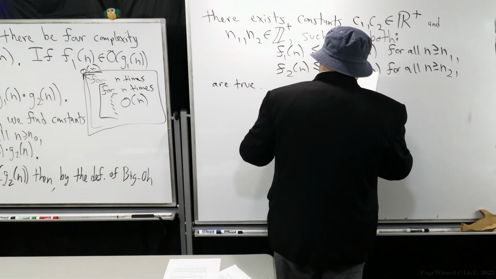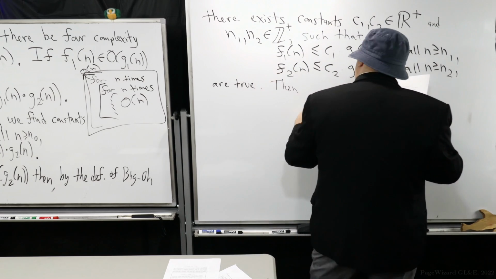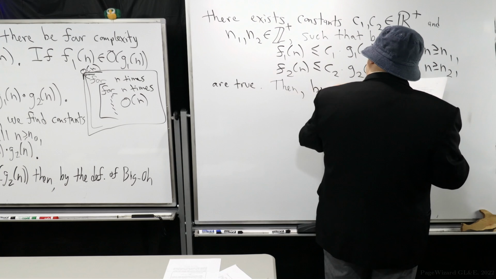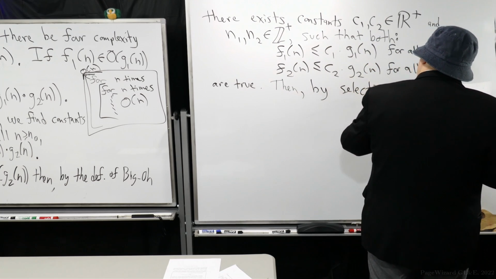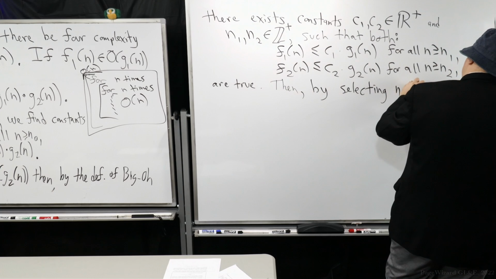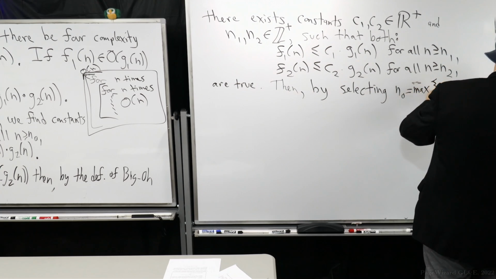So watch this. I'm going to pick n0 up front, just because I feel like it adds a little bit of spice to the discussion here, by selecting n0 equal to the max of n1 and n2. Remember, max simply means I take the larger of the two values.